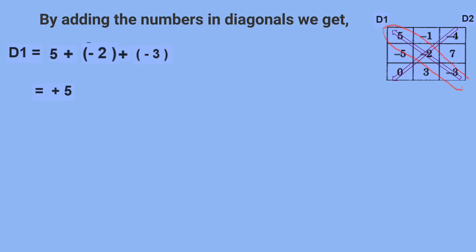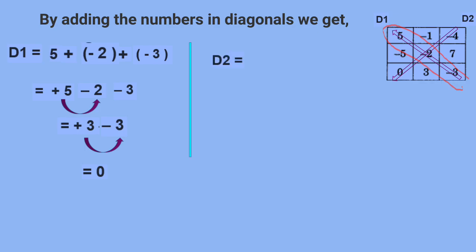Next I'll remove the brackets, plus into minus minus, again plus into minus minus, so minus 3. Here 3 integers, so I'm going to take the first 2 integers, plus 5 and minus 2. So different sign, so I'm going to subtract the smaller number from the bigger one. So 5 minus 2 is 3, and the symbol of the bigger number is plus. So the answer is plus 3 and the minus 3. Plus 3 minus 3 is equal to 0.